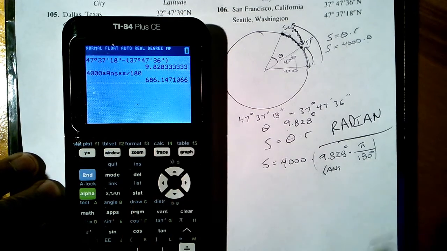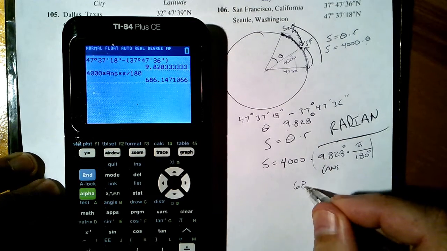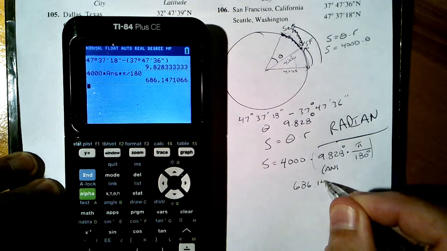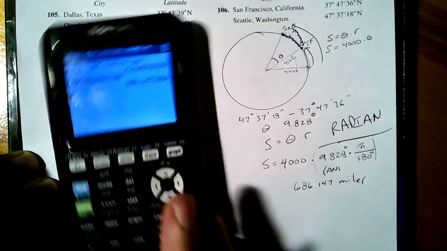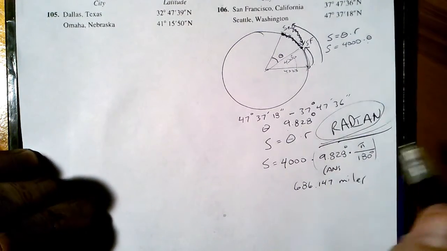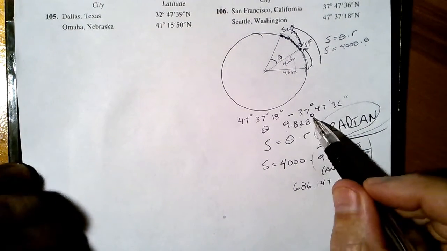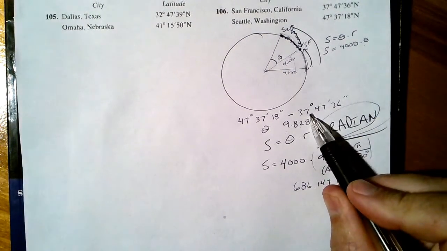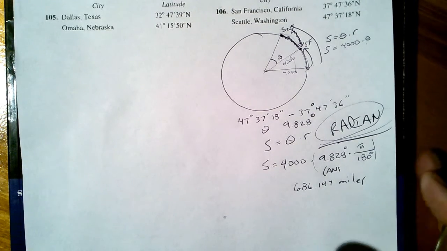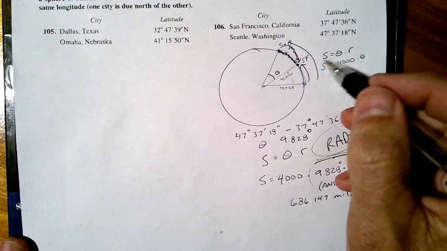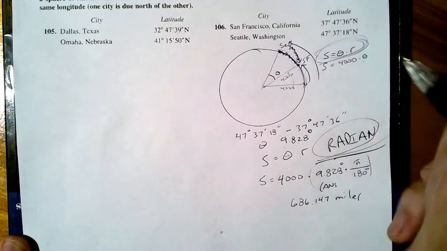San Francisco to Seattle is 686.147 miles. Boy, is that easy to bypass, because we see this 9.828 come up and we're just like, hey, that's our angle measure. And we just want an angle measure, but it has to be in radians when we're using any of the formulas based on this, any of our three formulas.